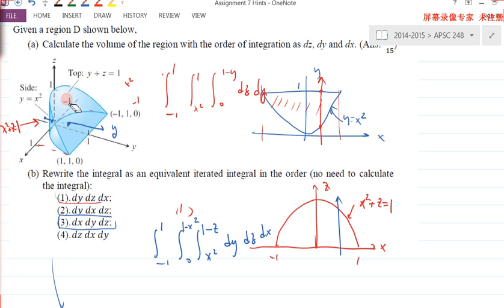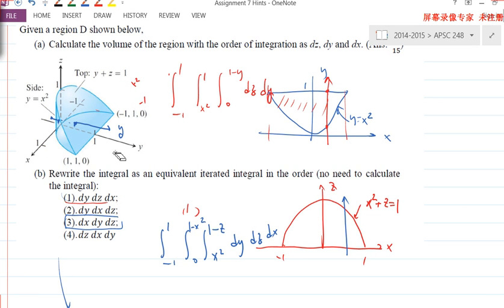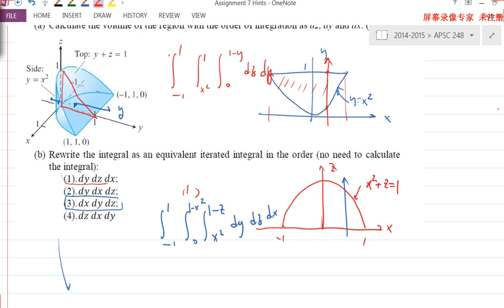Let's sketch it. The projection of this region in the zy plane is actually a straight line. Basically the top of this portion is a straight line, or the projection is this triangle there, and that straight line is essentially y plus z equal to 1.